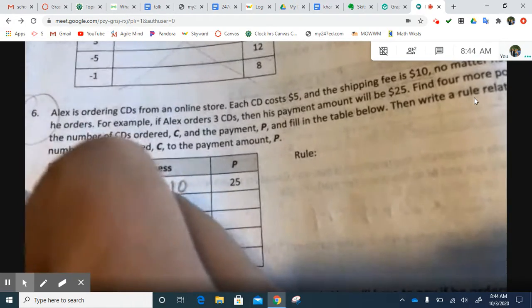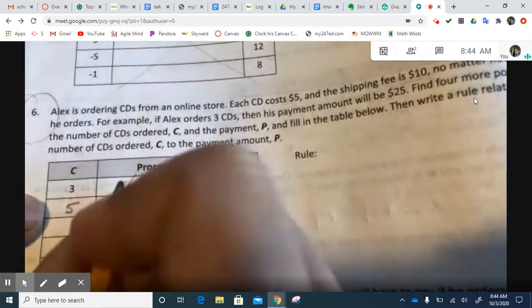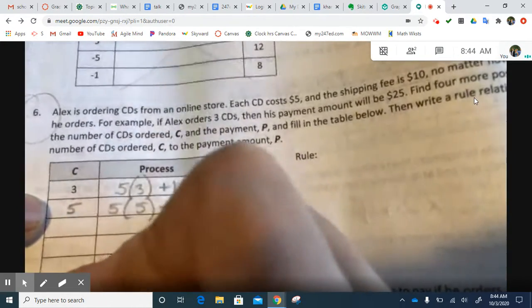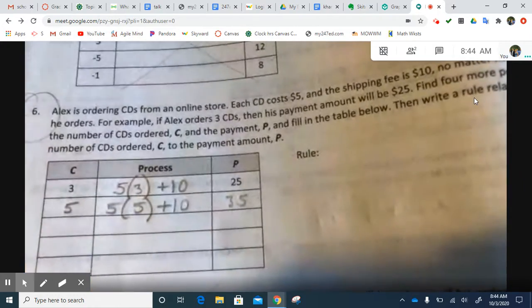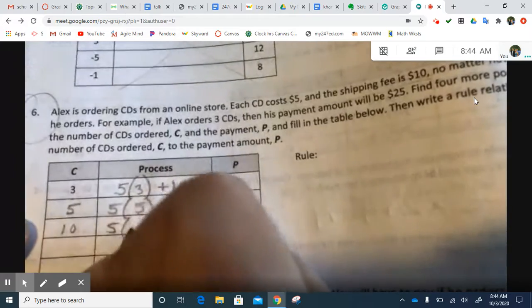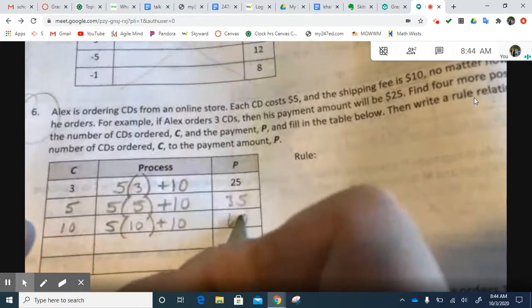Let's go with 5 CDs. So we've got 5 times 5, which is 25, plus 10, which is 35. How about 10 CDs. So we'd have 5 times 10, which is 50, plus 10, which is $60.